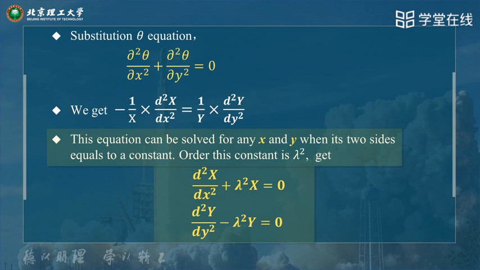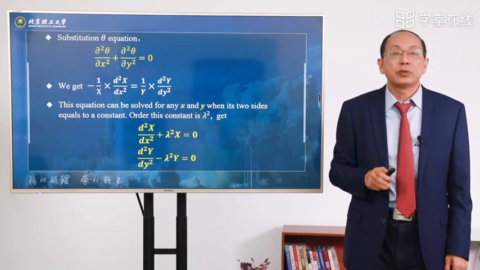So we get two equations: d squared X over dx squared plus lambda squared X equals 0, and d squared Y over dy squared minus lambda squared Y equals 0.